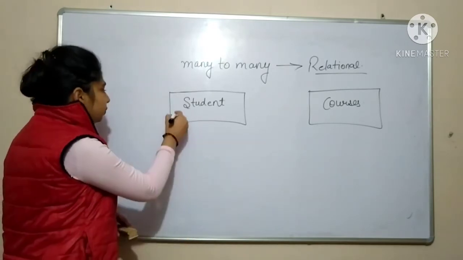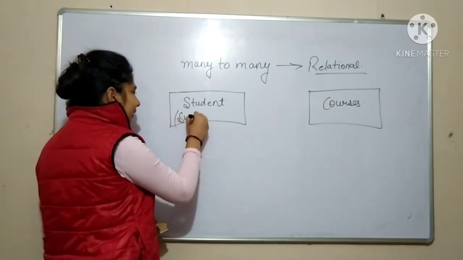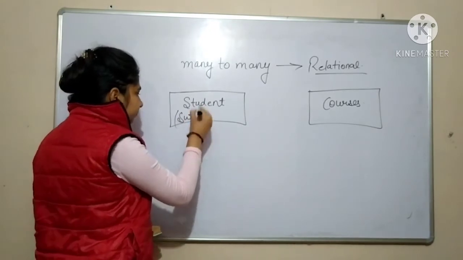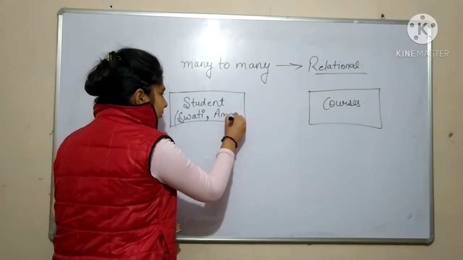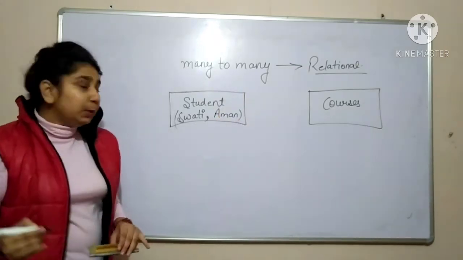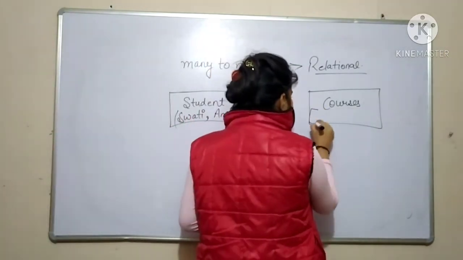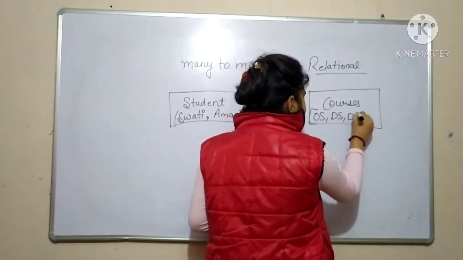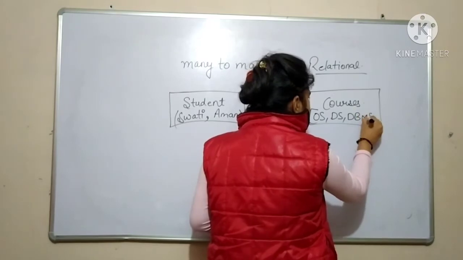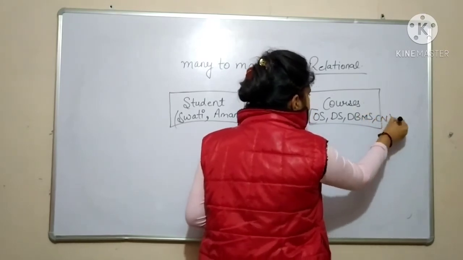Let's suppose we have student Swati, and we have student Aman. And we have several courses like operating system, data structure, DBMS and computer networking.